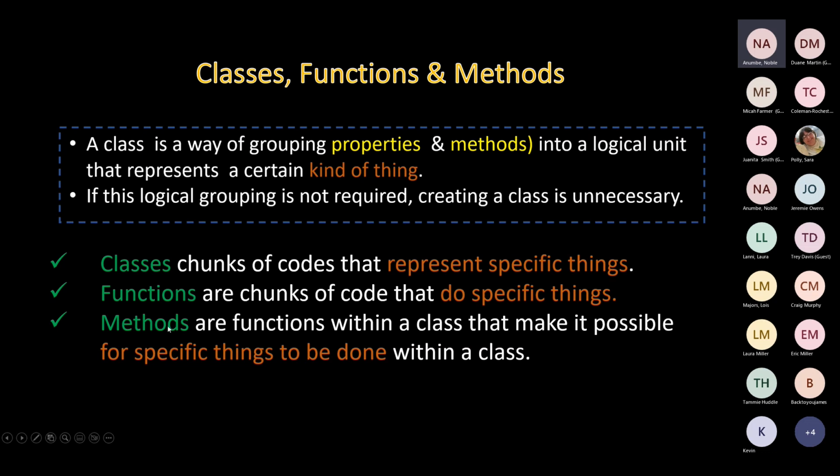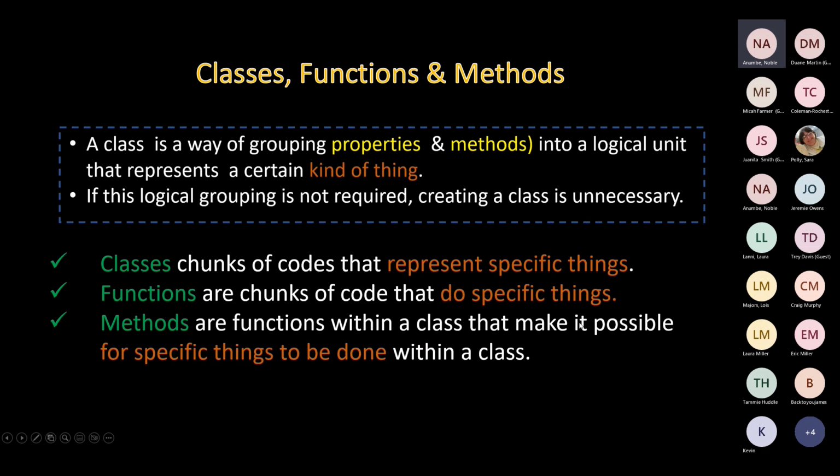Methods are functions. Functions are chunks of code that do specific things, and I've shown examples of functions all over the place, right? But methods are functions within a class. It's not necessarily just a class. It could be, let me just say, within a type, right? So if you have a function that is within a class, a structure, or whatever kind of type, right?